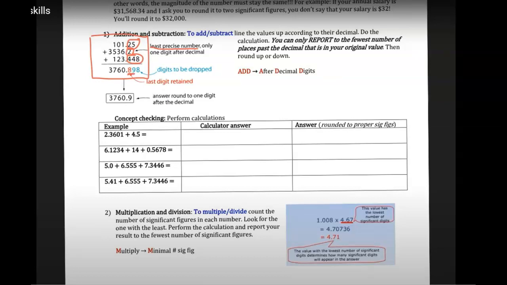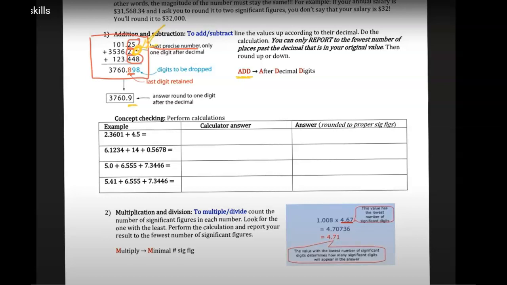Basically, because you don't know what's right here, what's after the 2, you are not able to say for sure anything after the second place, the hundredths place after the decimal point. You are not able to say with certainty what's going to be there. So you have to round your answer to only 1 number after the decimal point, and that's because this was how many the least precise measurement had.